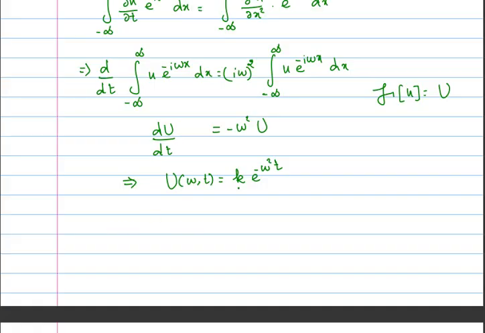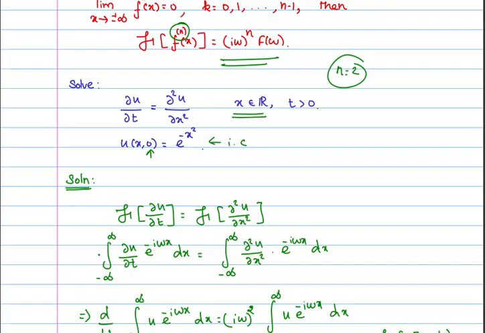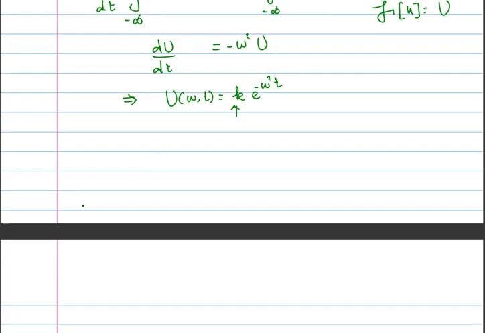But I also want to determine the k value. How can I determine it? They give the initial condition. So find the Fourier transform of u of x comma 0, which is equal to the Fourier transform of exponential of minus x square.